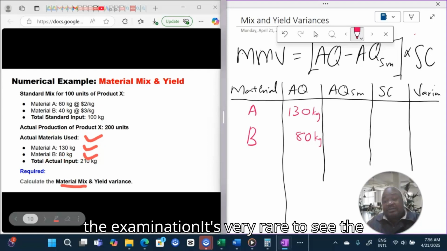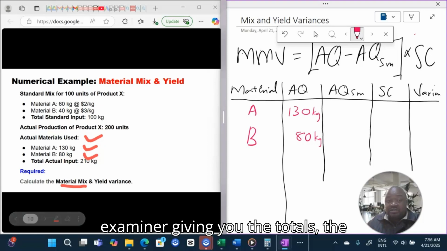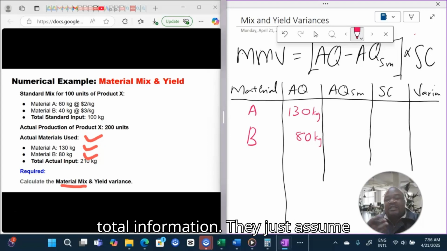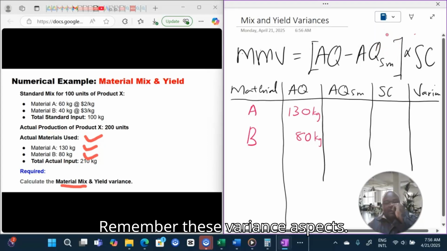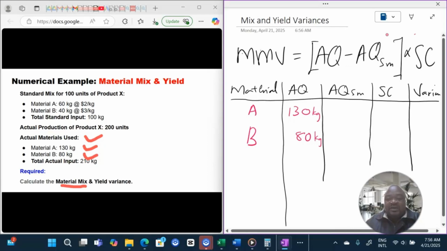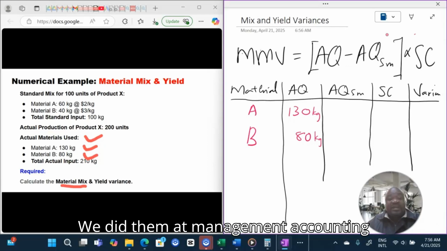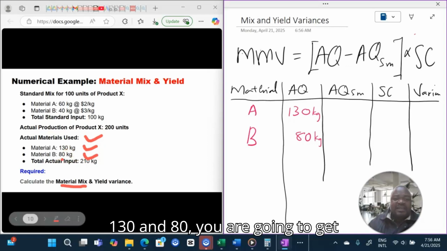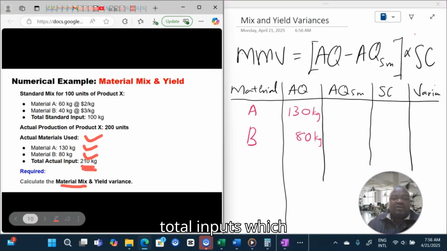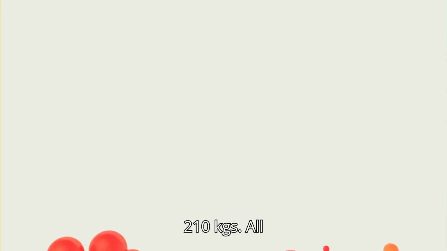Actually, in the examination, it's very rare to see the examiner giving you the totals. They just assume that you know that you need to total. Remember, these variance aspects, we did them at management accounting level. So if you add 130 and 80, you are going to get total inputs which were used of 210 kgs.